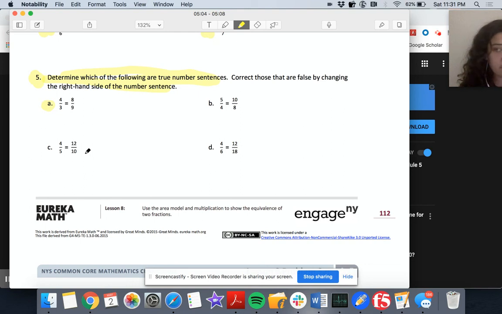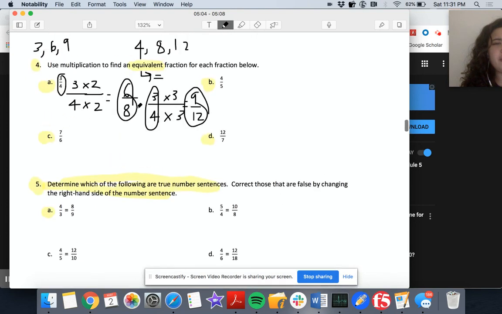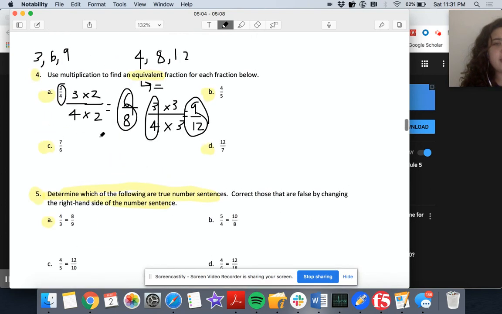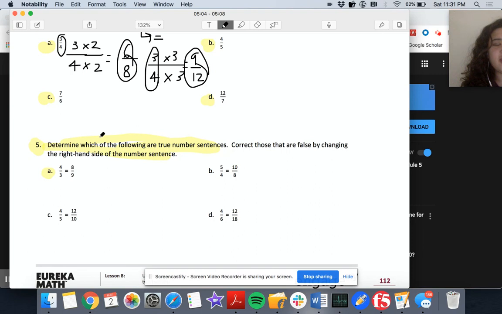So I need to pretty much show that these number sentences are true, or try to see which ones are true and fix the ones that aren't true. Okay, so I just learned up here that for equivalent fractions, I need to multiply the number on top and the number on bottom both by the same number. I need to multiply the numerator and the denominator by the same number.